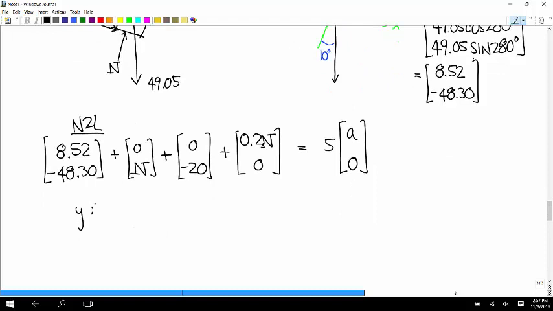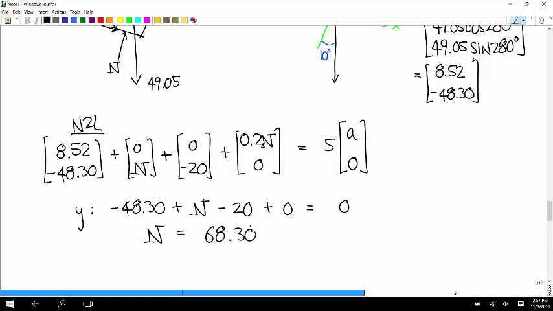The y equation says negative 48.30 plus N minus 20 plus 0 is equal to 0. And so N is equal to 68.30 newtons.